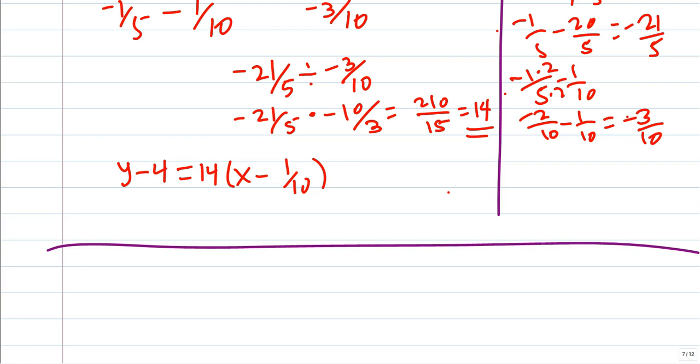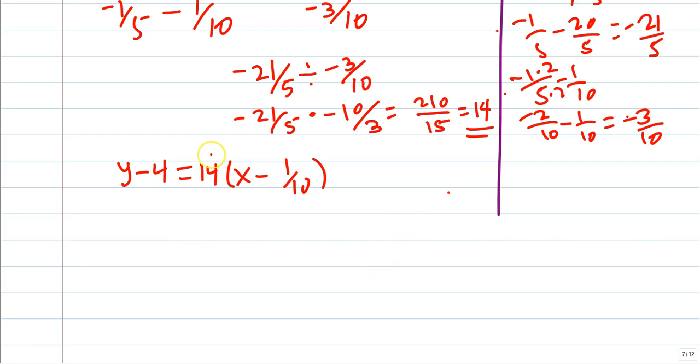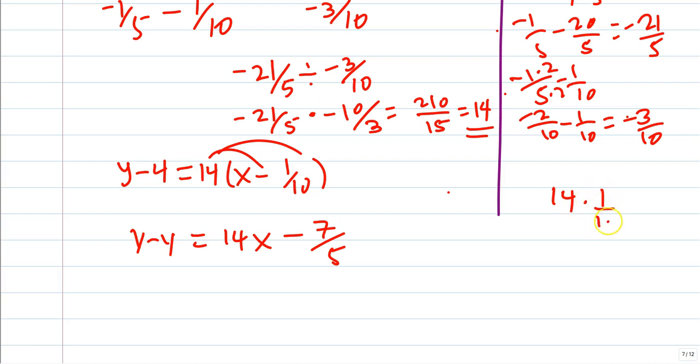The worst thing they could have you do is take that 14 in. So I'd have y minus 4 is equal to 14x minus 7/5. That just reduced. 14 times 1/10 gives me 14/10, gives me 7/5.